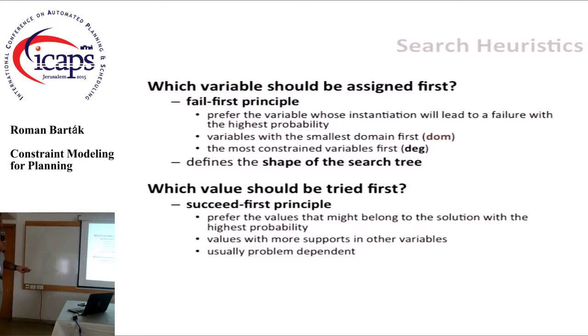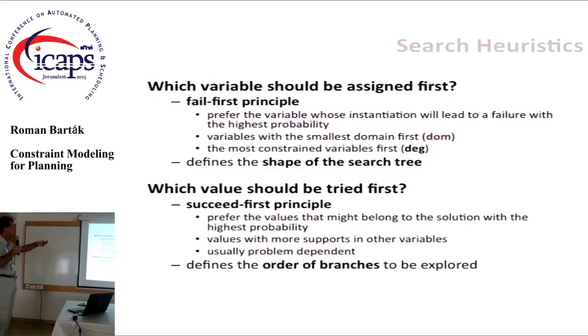Frequently, this heuristic is problem dependent. So we know our problem, we know what are the typical values for the variables, so we will use them. And I will show you some of these problem dependent heuristics for planning that we developed. Okay, so this defines the order in which we explore the search tree.